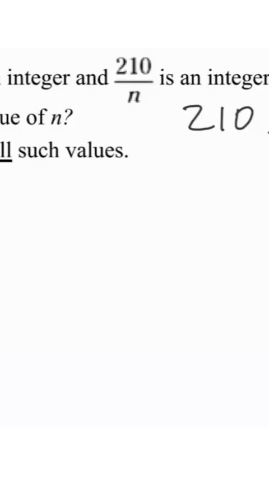14 is 2 times 7. 35 is 5 times 7. 42 is 6 times 7. We don't have 12. So 12 is not there.